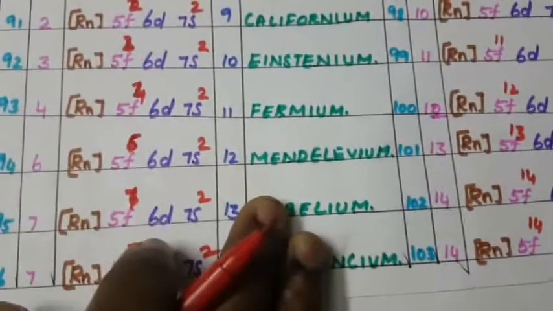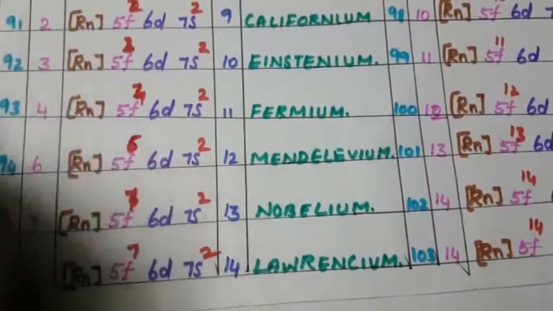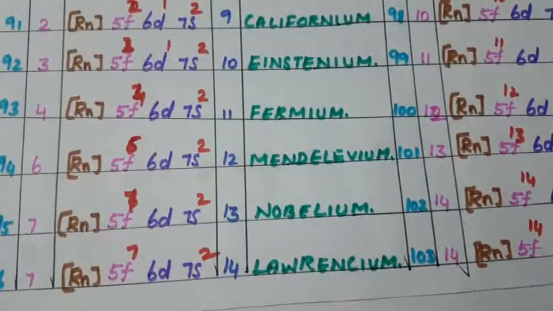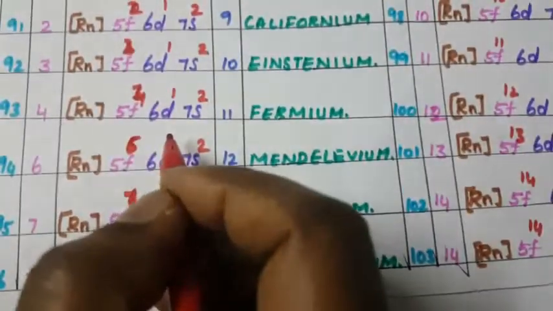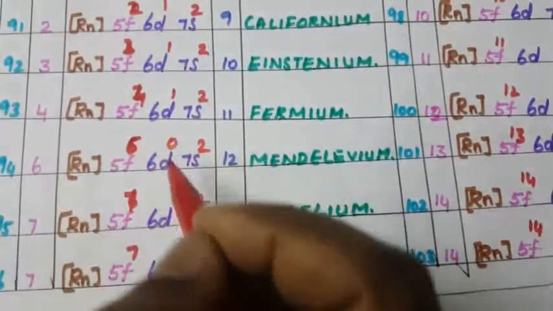Then the 6d orbital. What are the elements present in the 6d? I am writing here thorium onwards. That is 2. Here 2. Here 1. Then 1. 2, 1, 1, 1. Then 2, 0. That is 2 times 0.